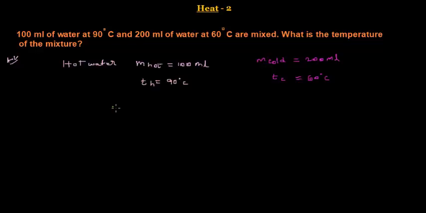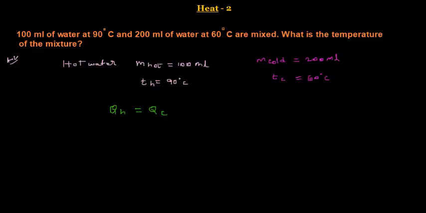We know that heat lost by the hot body will be equal to the heat gained by the cold body. Assuming that energy is not lost to the surroundings, we can write Q hot, that means heat lost by the hot body, is equal to Q cold, that is heat gained by the cold body.